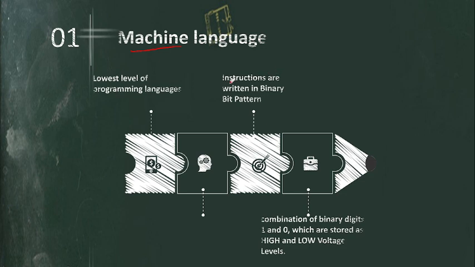You can say that the lowest level of programming is known as machine language, because it is almost closer to the machine, meaning the instruction sets are written in binary patterns. This is the major thing you need to understand here. We make use of zeros and ones to write a program. If you want to write a letter A, you have to write it in terms of zeros and ones.